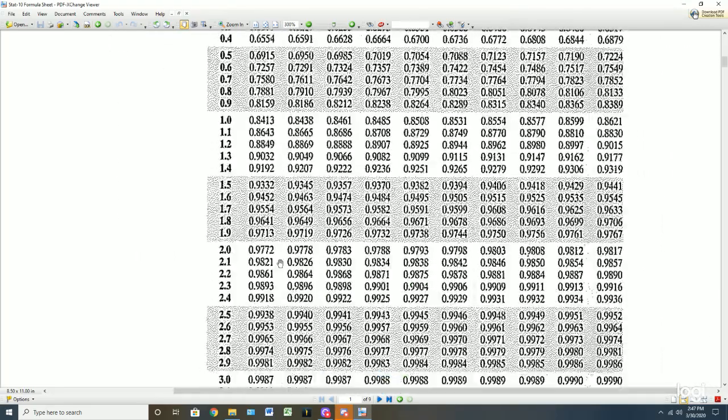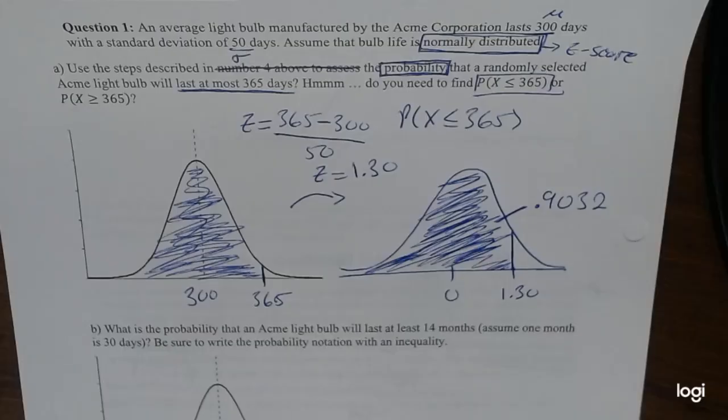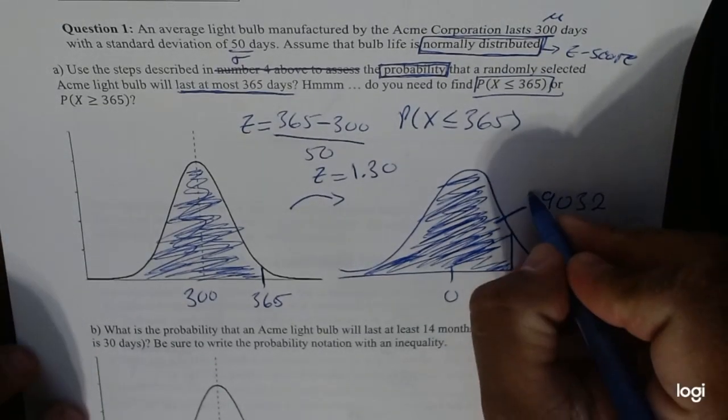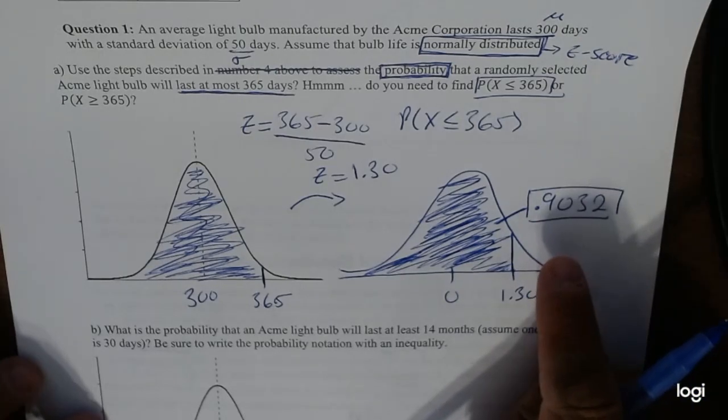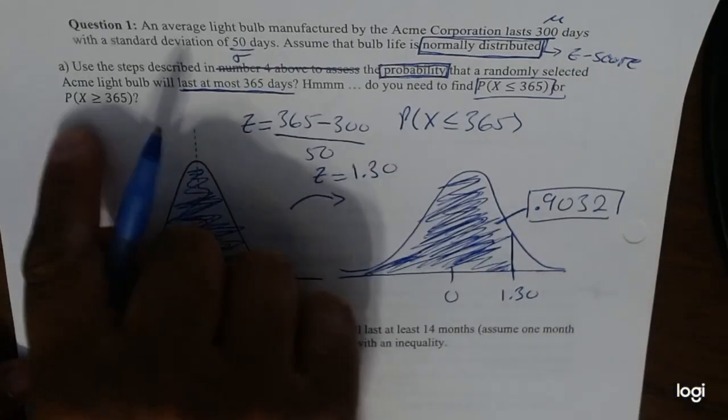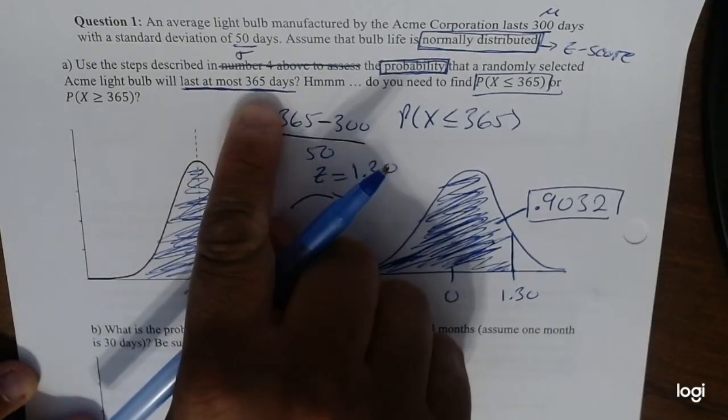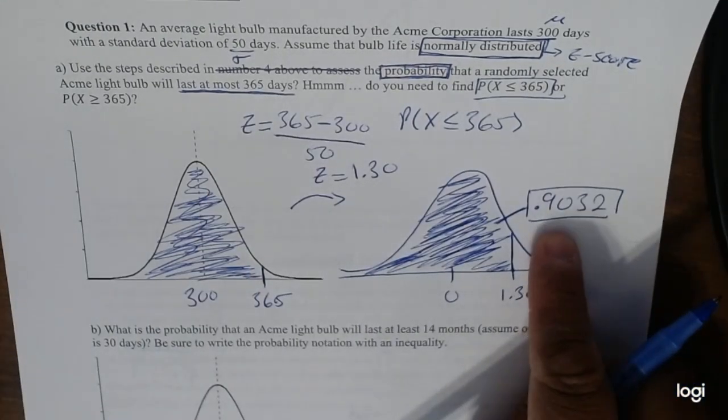The first two numbers are a positive 1.3, and the last number is a 0. So our area is going to be 0.9032. To write this as an interpretation, we can say the probability that a light bulb will last at most 365 days is 0.9032.